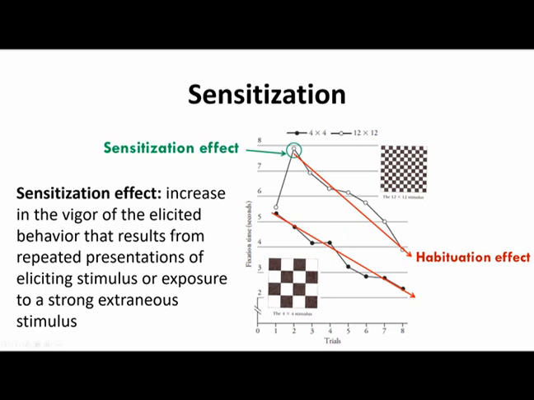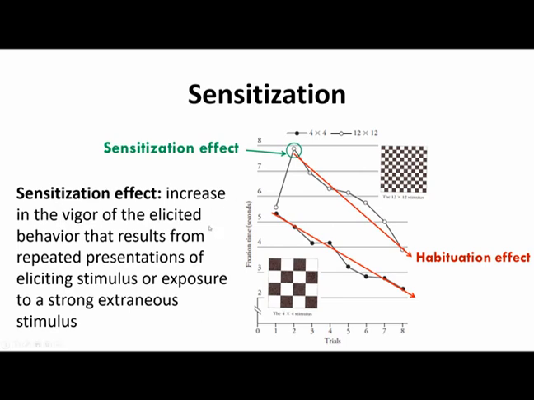So what this is telling us is that we can see an increase in the behavior that we're looking at that's specifically being caused by either having that eliciting stimulus presented multiple times or from that stimulus being extra strong. In this case, we have a very complex stimulus and it's being presented multiple times. So it's a little bit of both.